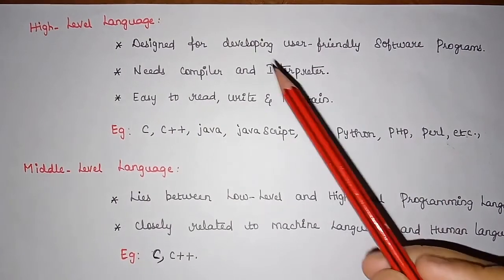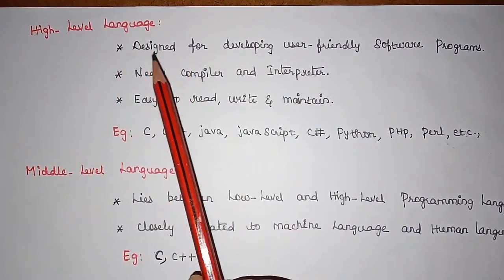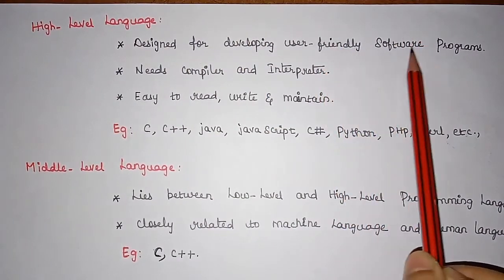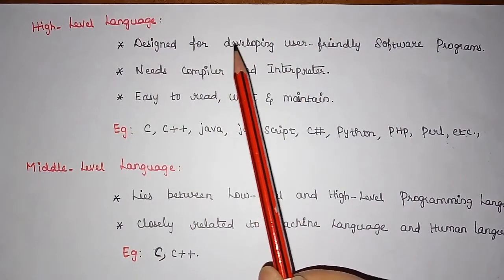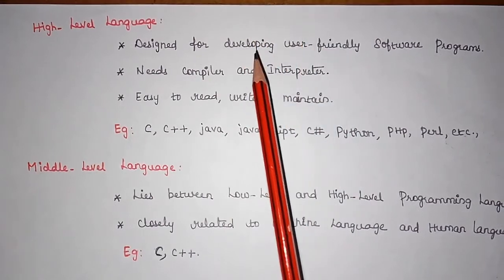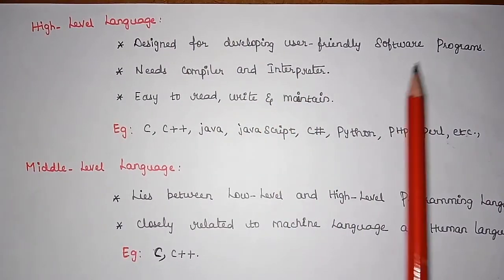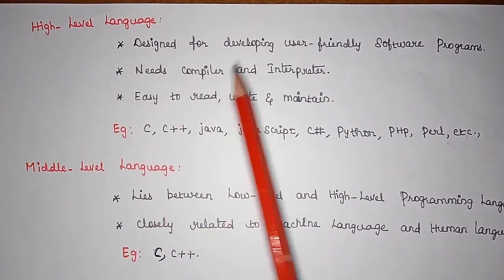Coming to the next classification, that is high level language. This high level language is exclusively designed for developing user friendly software programs. When we have high level language, we need a compiler and interpreter, because the high level language cannot be understood by the machine directly. So we need to convert that high level language into machine code.